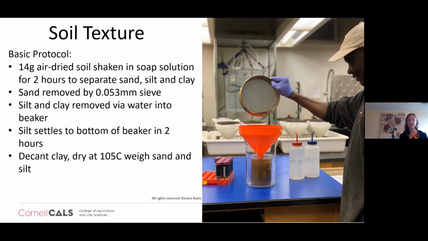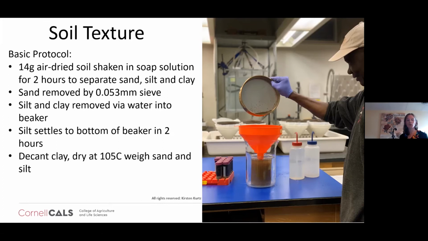The beaker is then left to settle for 2 hours. Over that time, we know, according to Stokes' law, some of you guys might remember from physics back in the day, that the silt particles are going to settle, while the clay is so much smaller, it will remain up in that water solution.